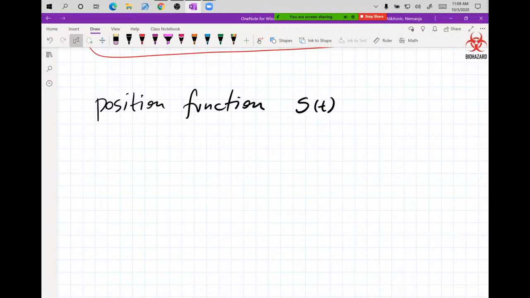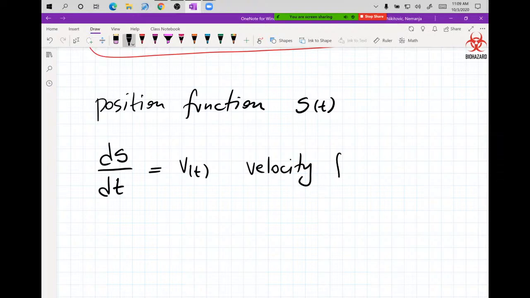So change in position over time is going to be velocity, v of t, which is the velocity function. And we had that earlier when I told you that the position function was given by e to the negative x times cosine, and that e to the negative term is the one that actually kills the motion over time.